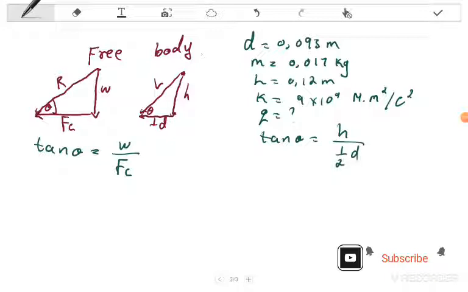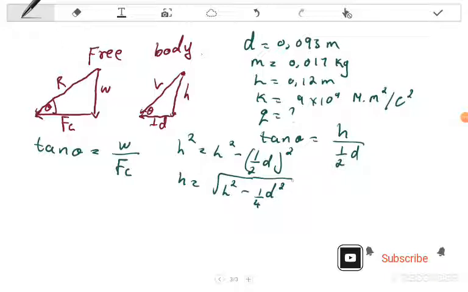If we have these two, now we can calculate h, because from this sketch we have L and we have D. By using the theorem of Pythagoras, h squared is equal to L squared minus (1/2 D) squared. So h is equal to the square root of L squared minus 1/4 D squared.